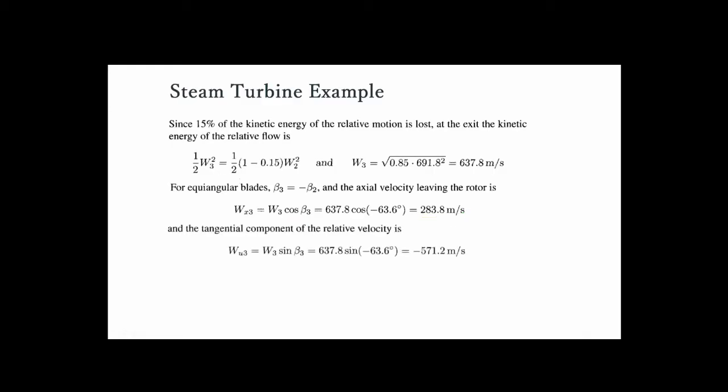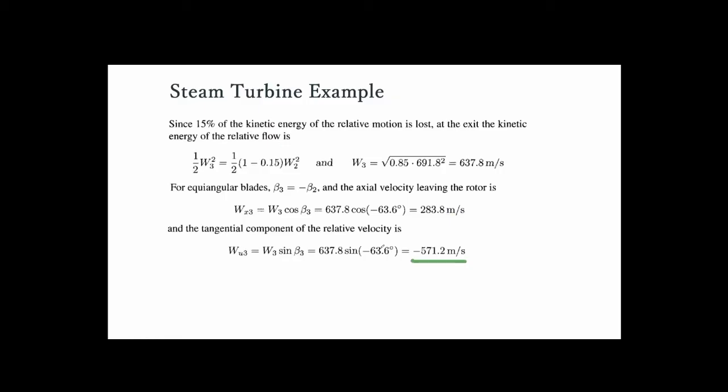And the tangential component of the relative velocity is Wu3 equals W3 sine beta 3, which equals minus 571.2 meters per second.